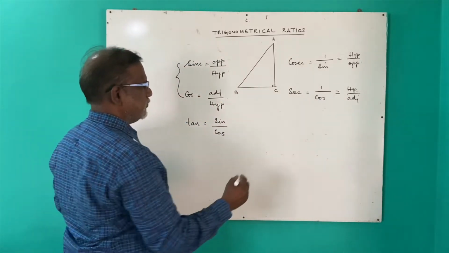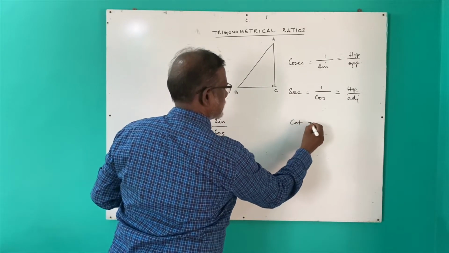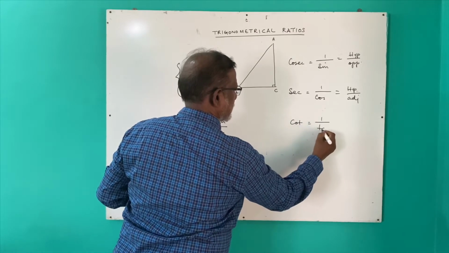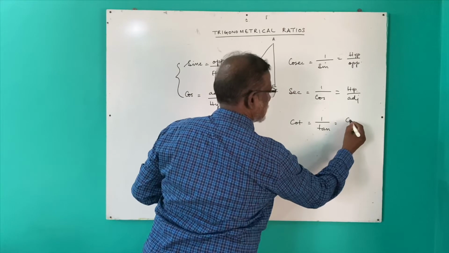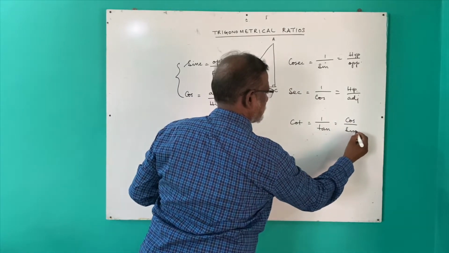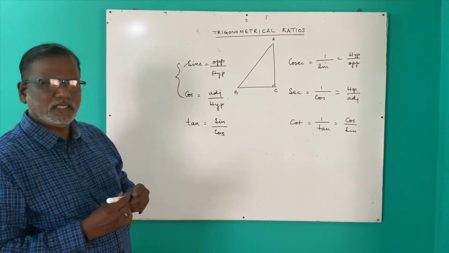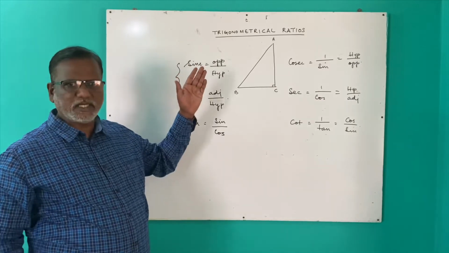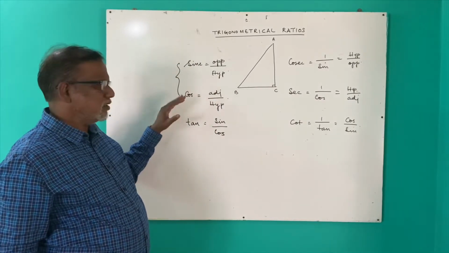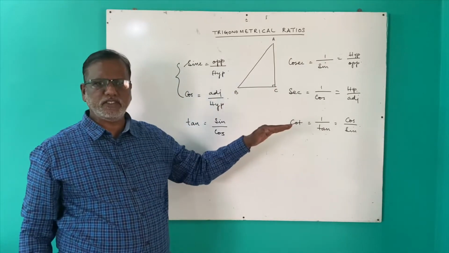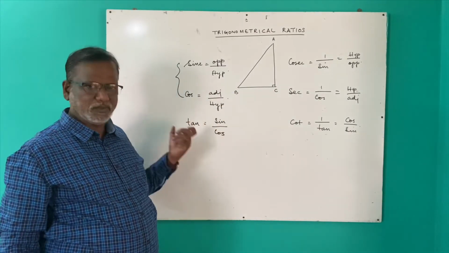Similarly, we go for the cot, which is nothing but 1 by tan or the reciprocal of the tan, or we write it as the cos by sine. So if you notice these trigonometrical ratios, once we write the sine and cos, then all the remaining four ratios can be derived from that.